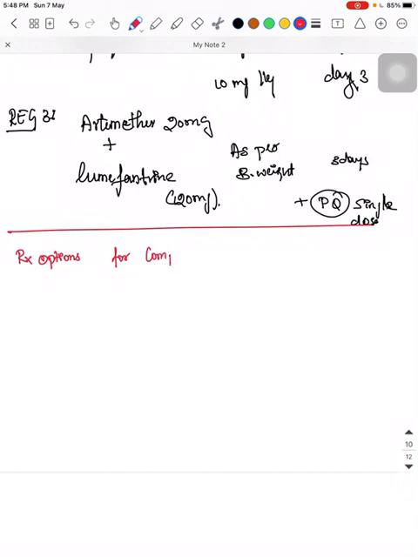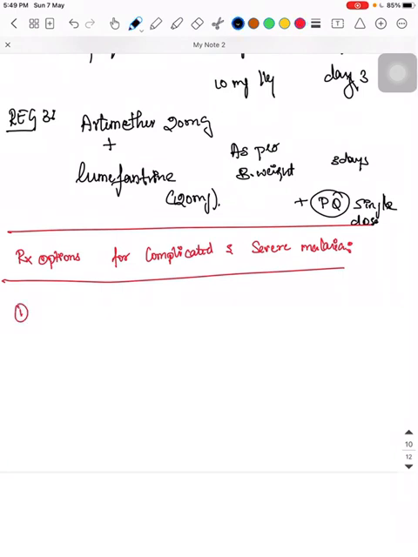Next, we will see the treatment options for complicated and severe malaria.